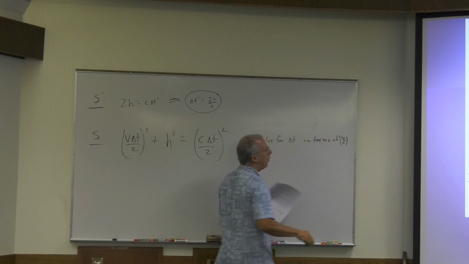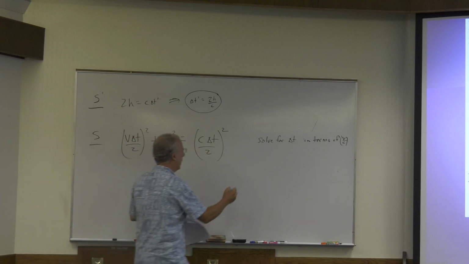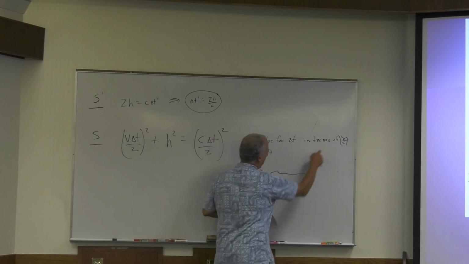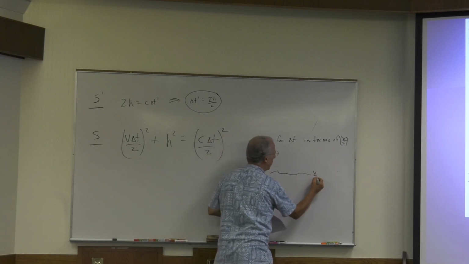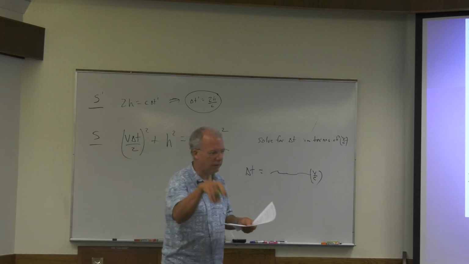So in other words, you're just going to do some algebra. You're going to get an equation, delta t equals something, but the something I want you to have has terms of v over c in your answer. It's not going to take you very long.